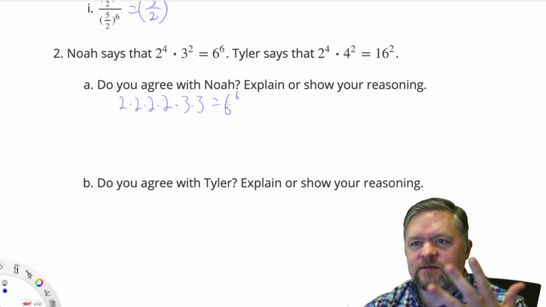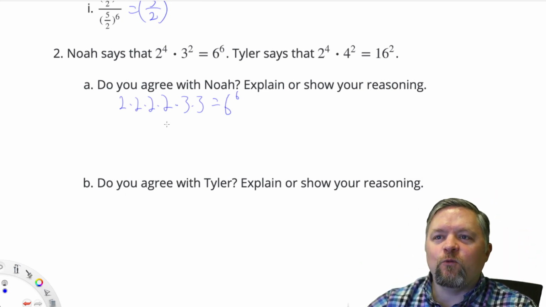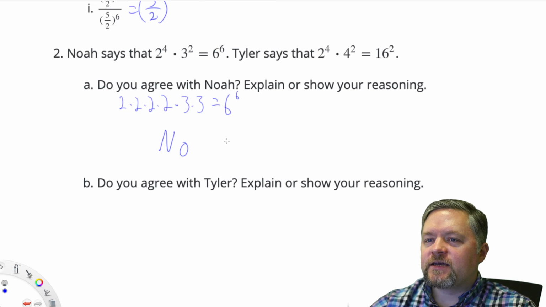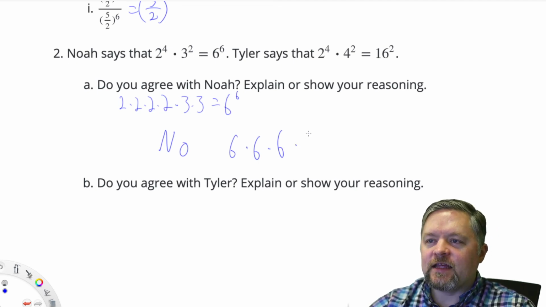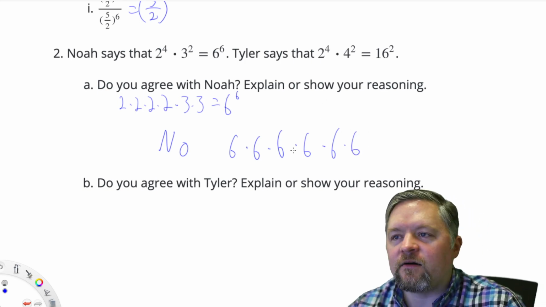Times 6 more, times 6 more, times 6 one more time, that is going to be way too much. Explain why 6 times 6 times 6 is already too big. And then we multiplied by 6 3 more times. That one's not going to work at all.